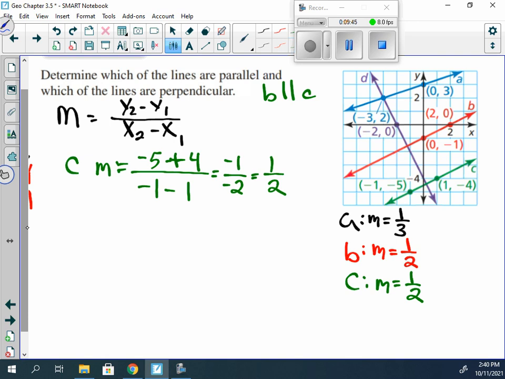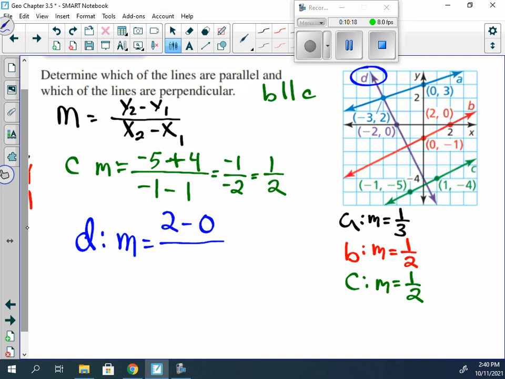All right, guys. Well, we're not quite done yet, because we still have line D. Line D is the last one we're looking at. Now, line D has 2 points. One of them is at (-3, 2), and the other is at (-2, 0). So our two y values are 2 minus 0.